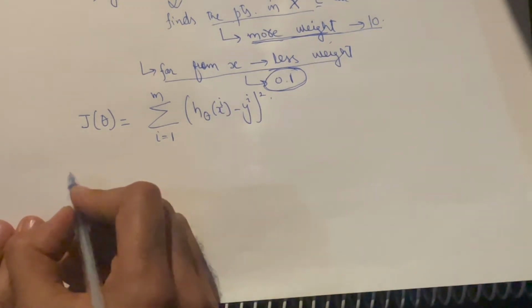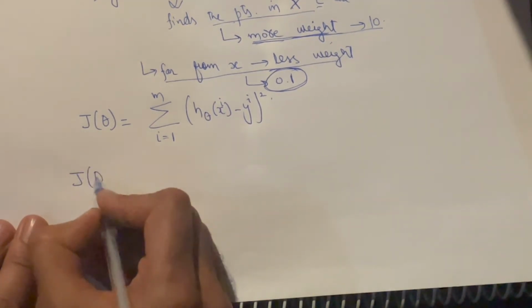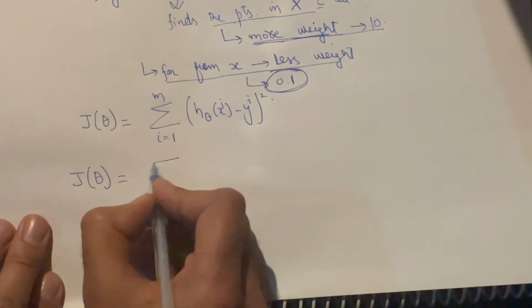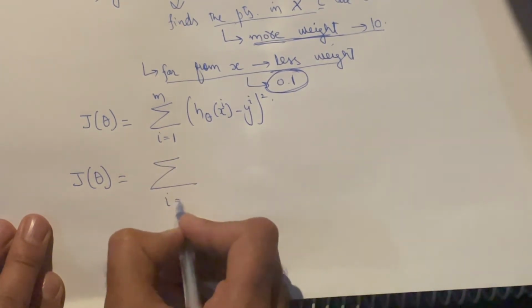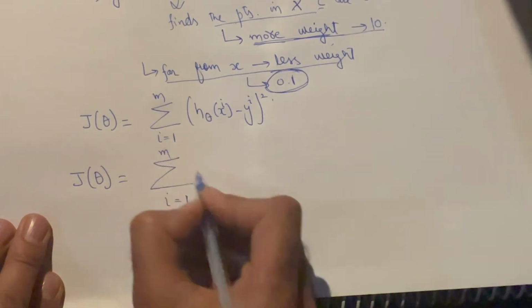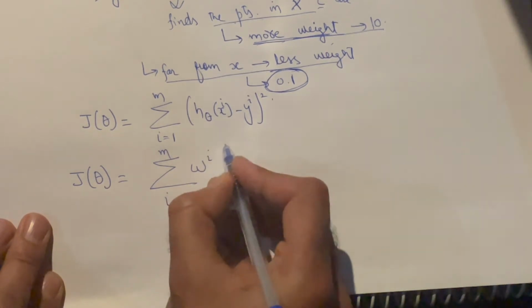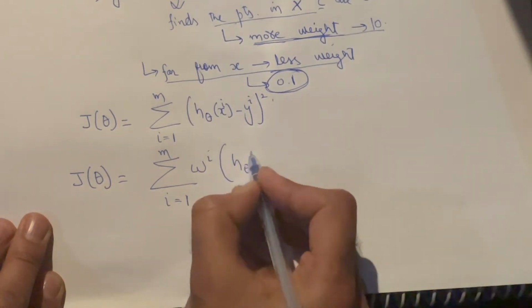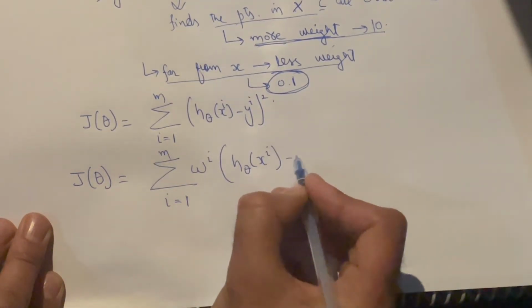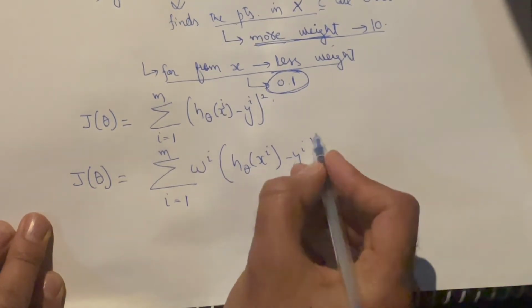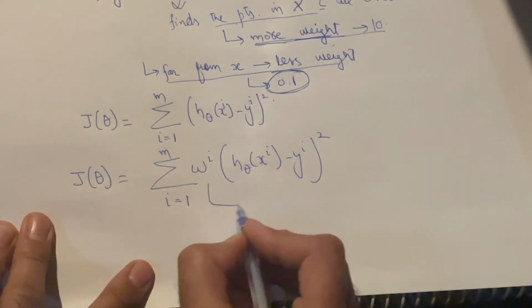h of theta x minus yi whole square. Now instead we will minimize this particular formula, i running from 1 to m, wi into h theta xi minus yi whole square, and this wi is the weight.